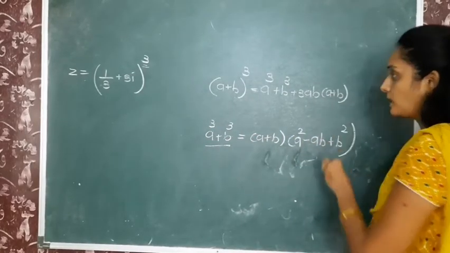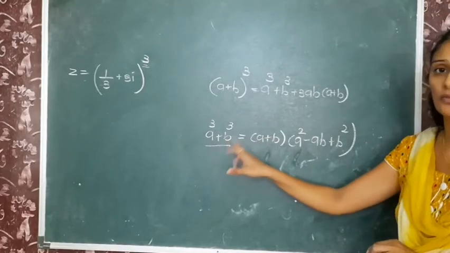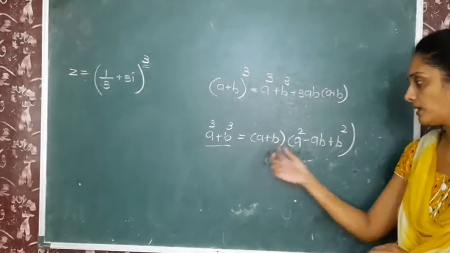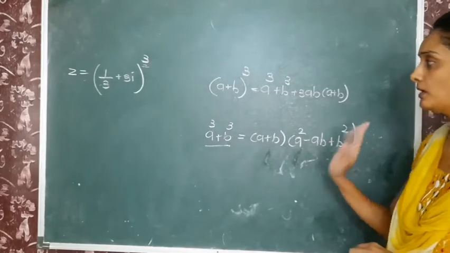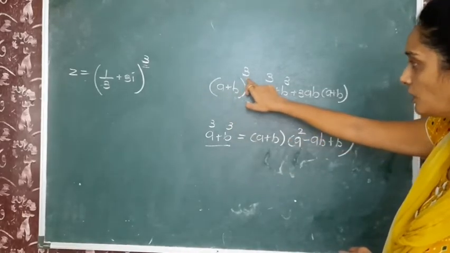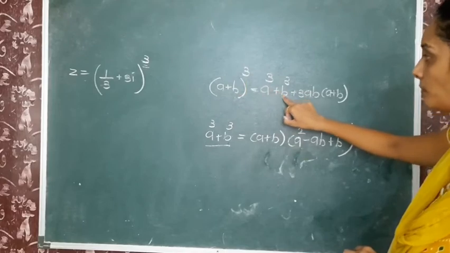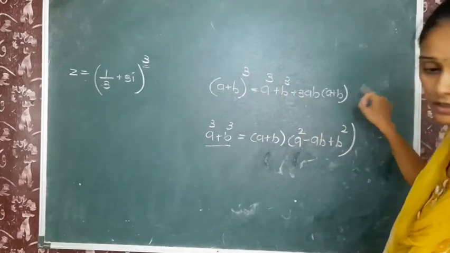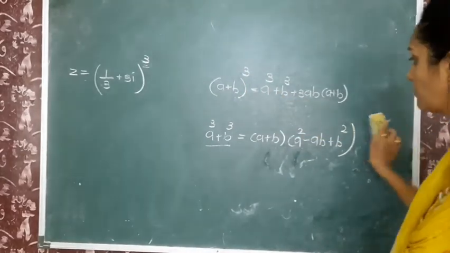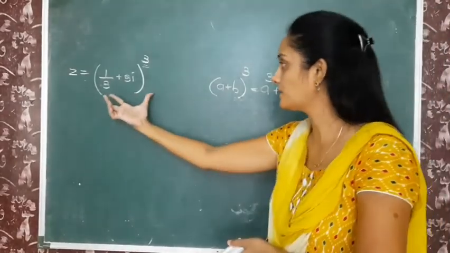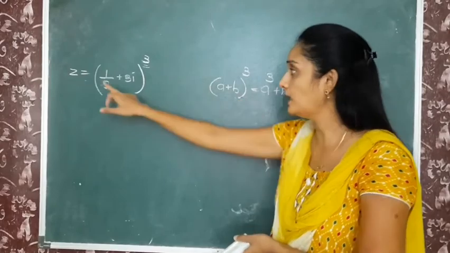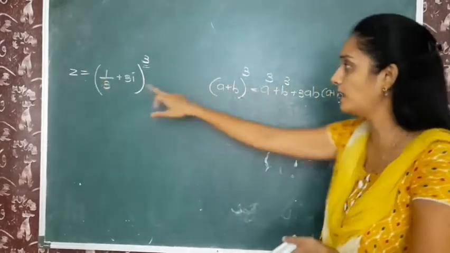you have to keep this in mind especially. If a cube plus b cube, then formula a plus b in another bracket a square minus ab plus b square. But here a plus b whole cube, then a cube plus b cube plus 3ab in the bracket a plus b. Okay, we apply this formula on this bracket. So here a is 1 by 3 and b is 3i.